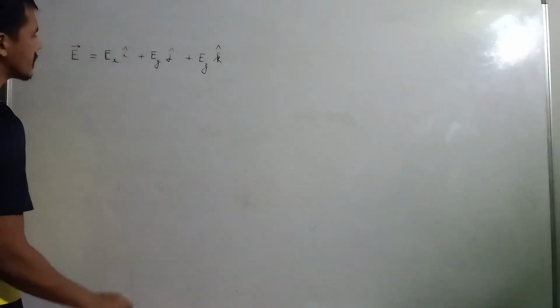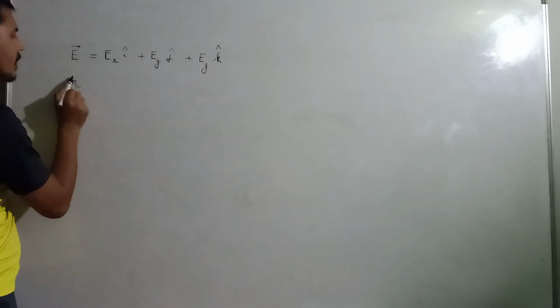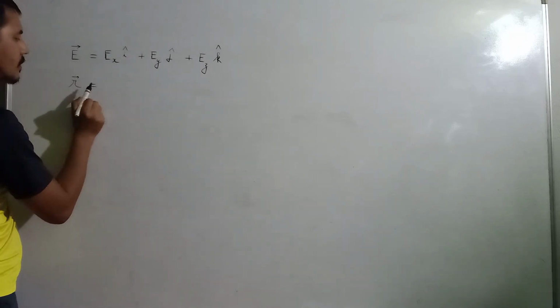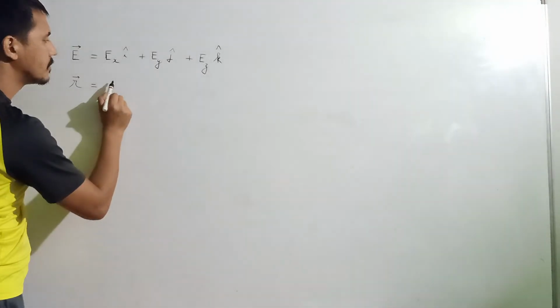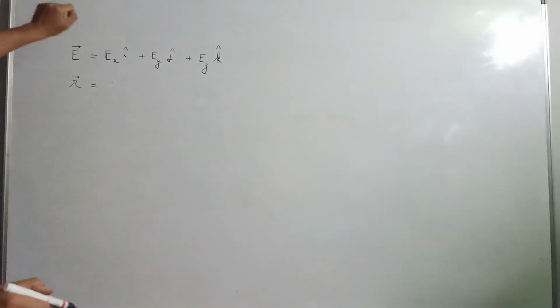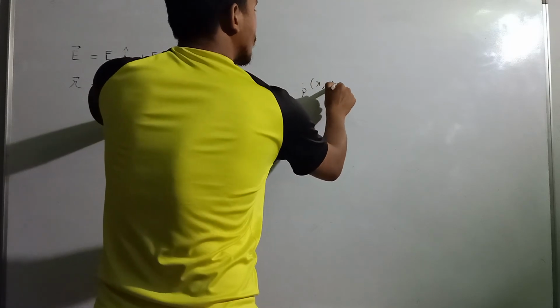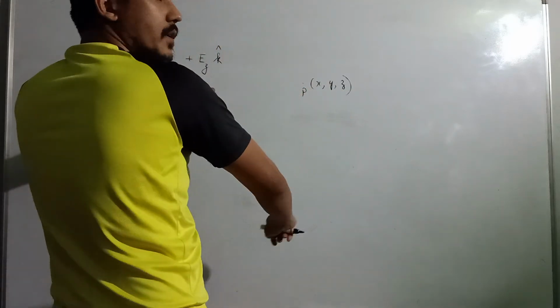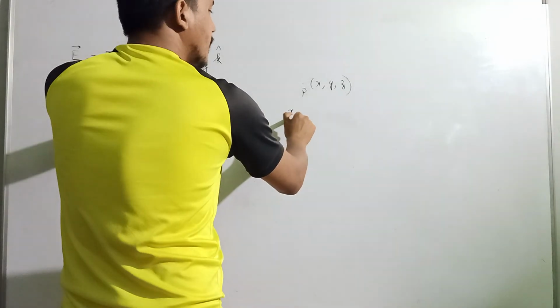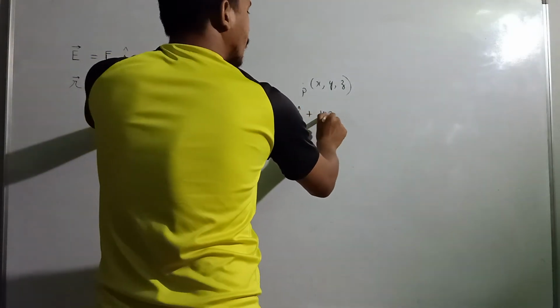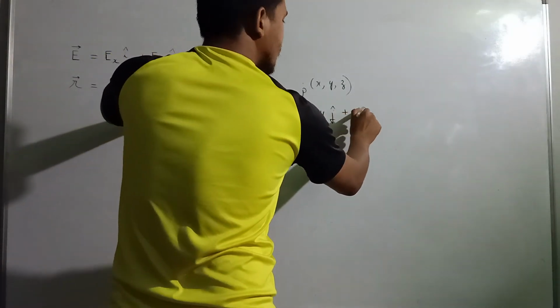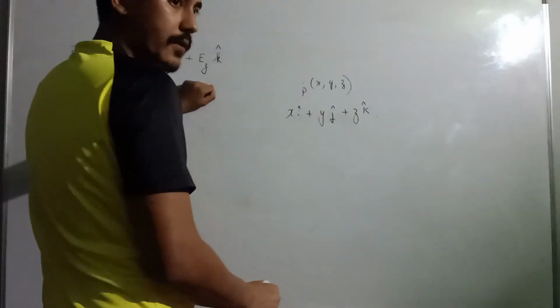You know why I'm writing i cap, j cap, k cap? Representing the direction of the three axes. And let the position vector of r be, suppose there is a point P whose coordinate is x, y, z, then the position vector of P will be given by x i cap plus y j cap plus z k cap, right?